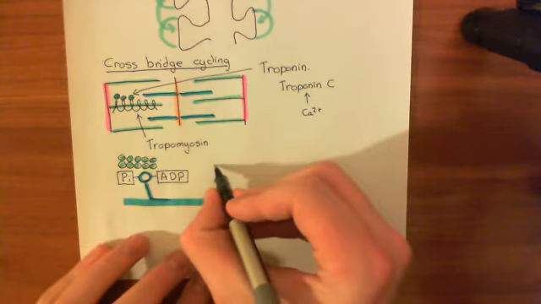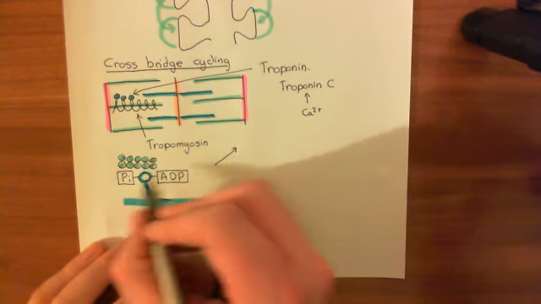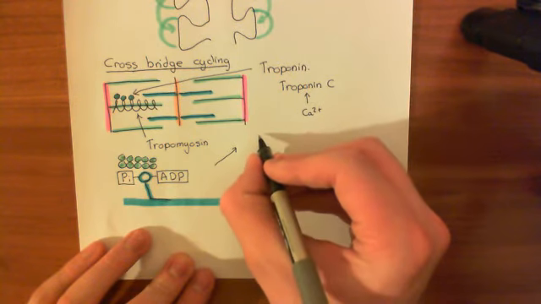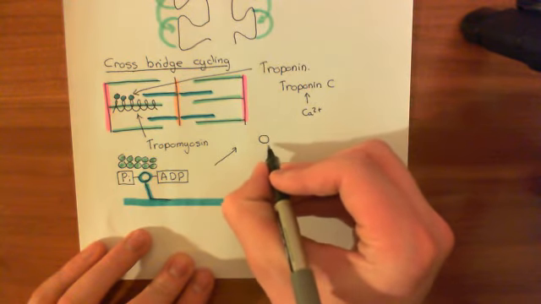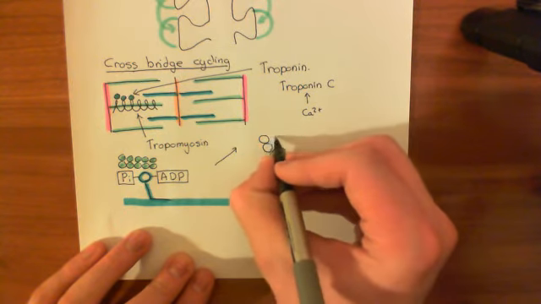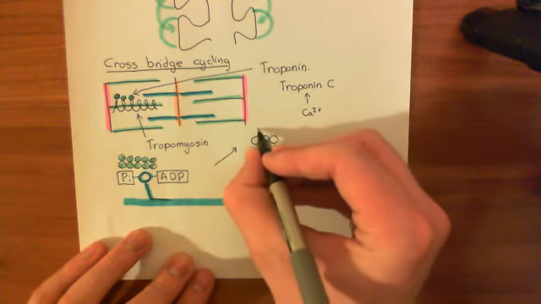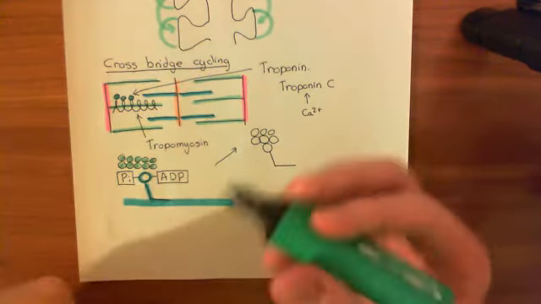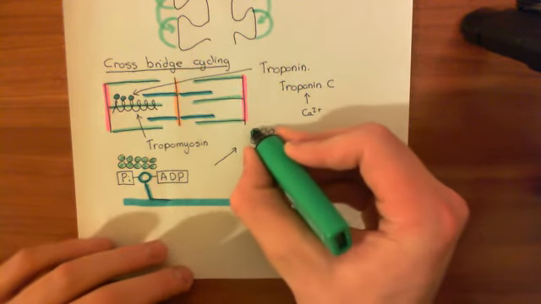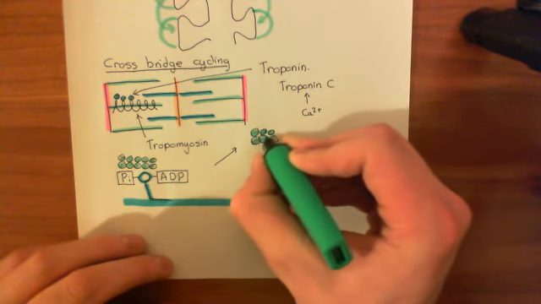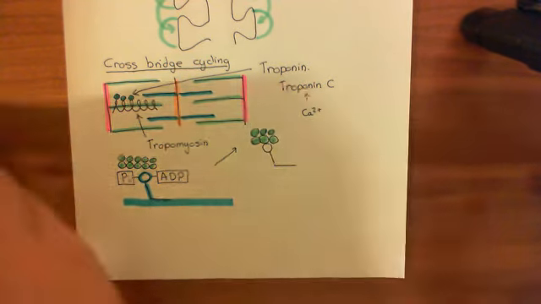In order for this to happen, the myosin head has to drop this inorganic phosphate, and it's going to form a crossbridge with one of the monomers of the actin filament. I'll colour them in so we know what they are. These are actin monomers in bright green here, and then the myosin head is in blue here.